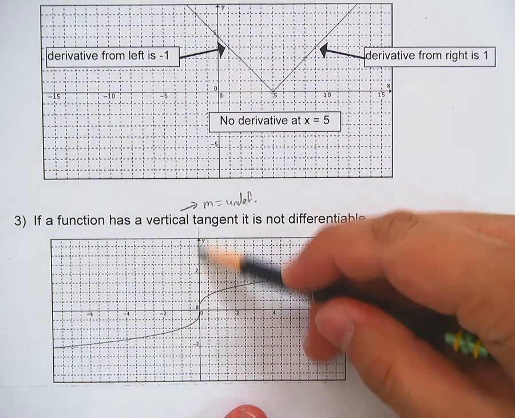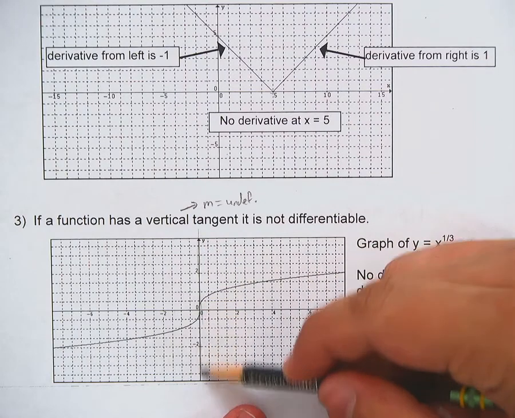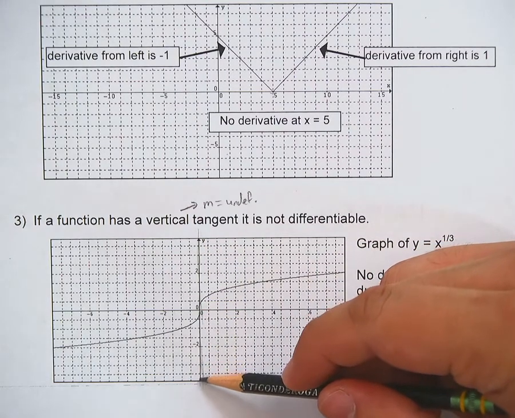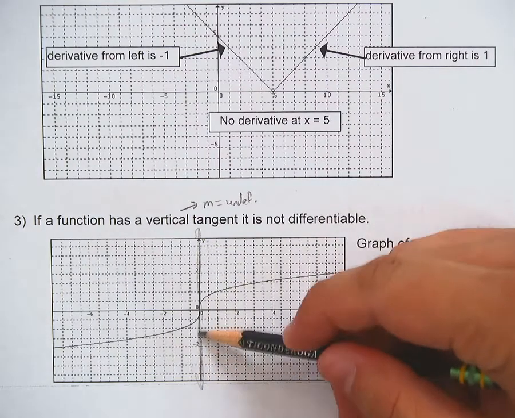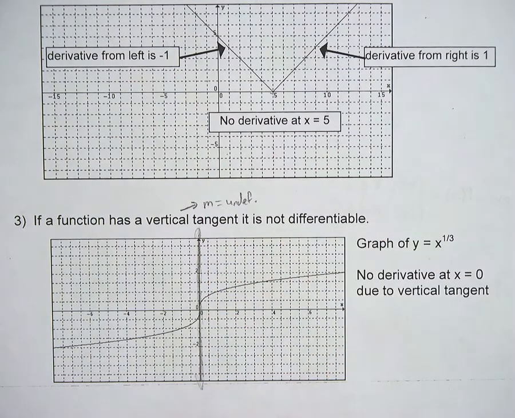This has a vertical tangent. Because of that vertical tangent line, there is no derivative at x equals 0. No derivative there. Now you could find the derivative at other places, just not there.